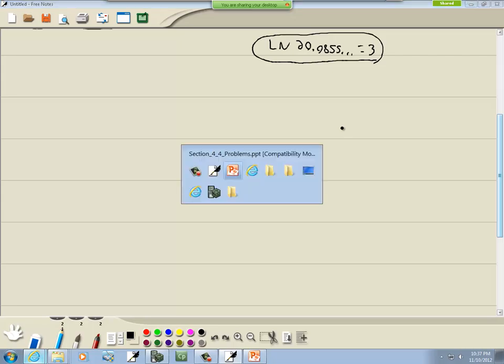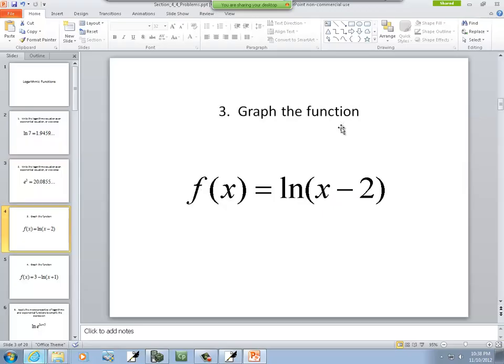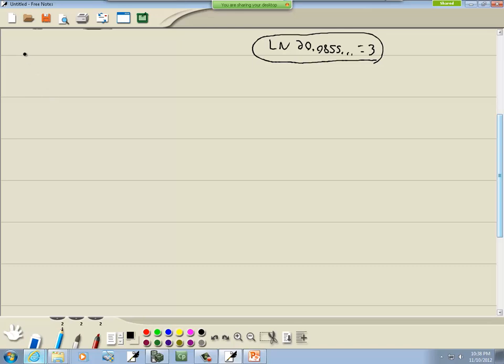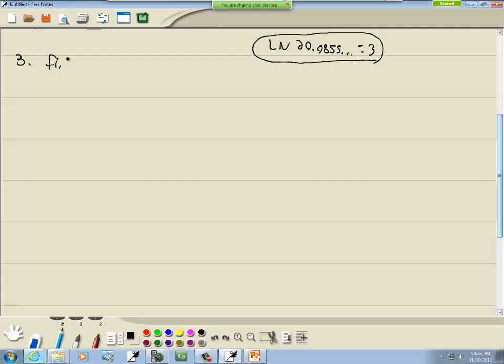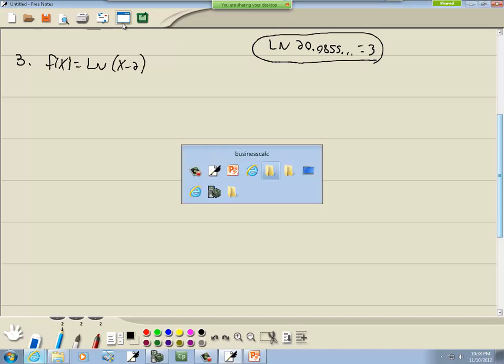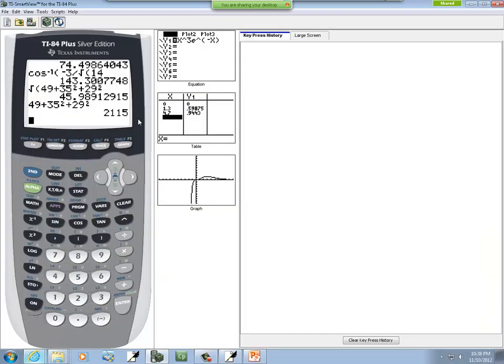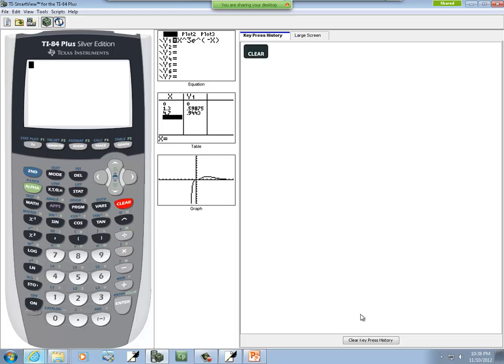These next ones are graphing. So let's take a look at this. We have f of x is equal to natural log of x minus 2. Well, I'm going to press my y equals.